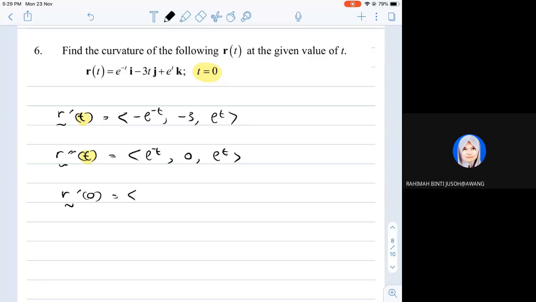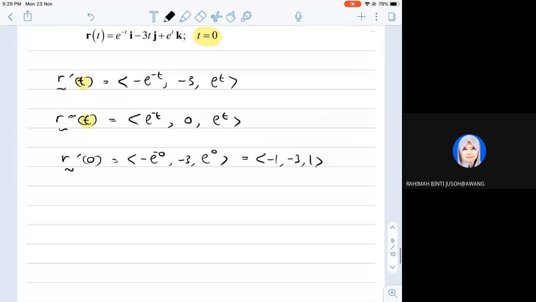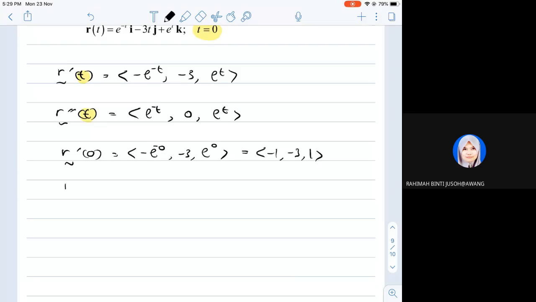So first we need to find r prime 0 equals to negative exponent 0, negative 3, exponent 0. So we will get negative 1, negative 3, and 1. And then r double prime 0, substitute t equals to 0 right there.